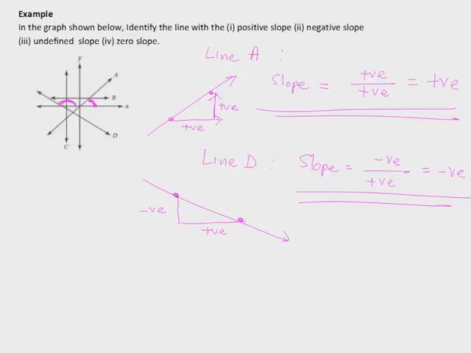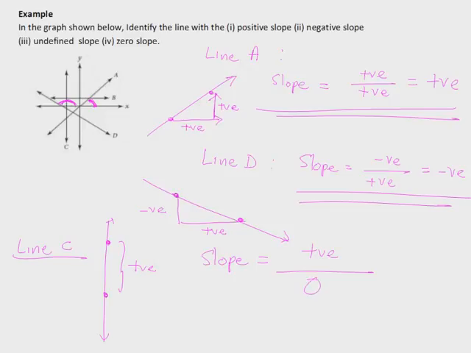How about line C? Line C is a vertical line. What is its slope? That's interesting. To move from one point to the other on line C, I move a certain distance vertically, positive or negative, but I don't move any distance horizontally at all. It's a vertical line. So the slope would be some number, say positive, upon 0.